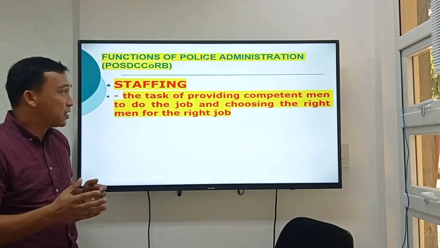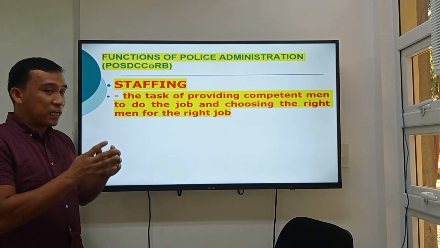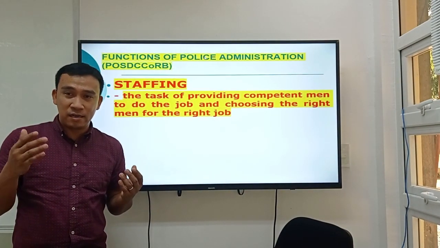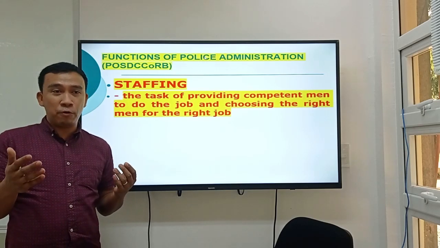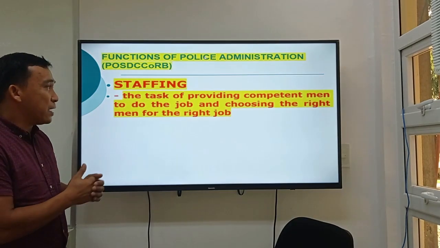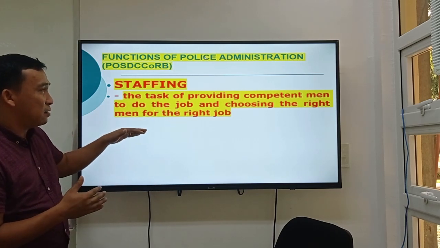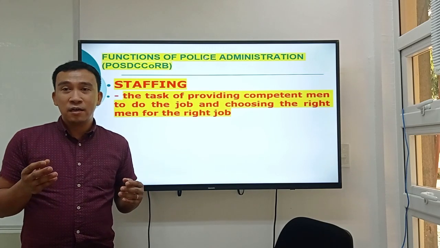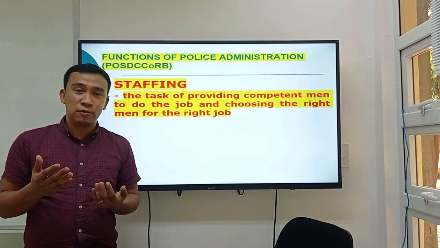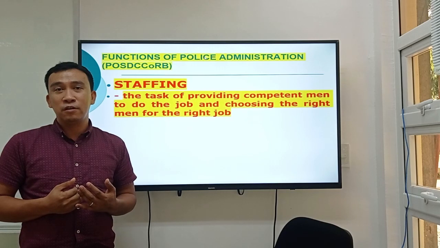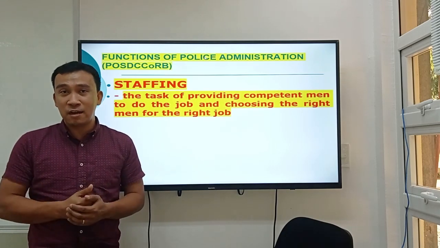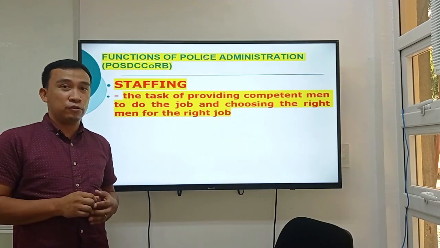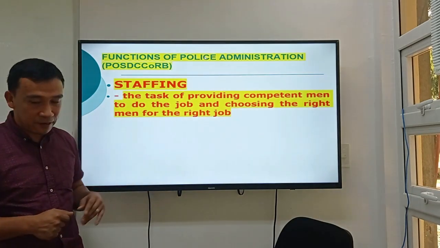They are making sure na ilalagay doon sa task, ang i-assign na mag-lead at uupo sa mga position ay mga competent men, competent women based on their expertise, based on their specialization, at hindi doon sa kakilala lamang at hindi doon sa malakas lamang doon sa nakaupo. So yan po yung ginagawa ng staffing.